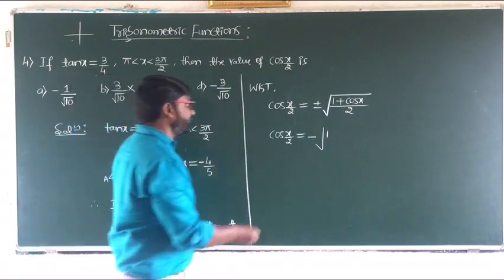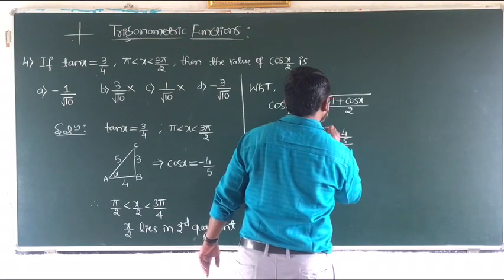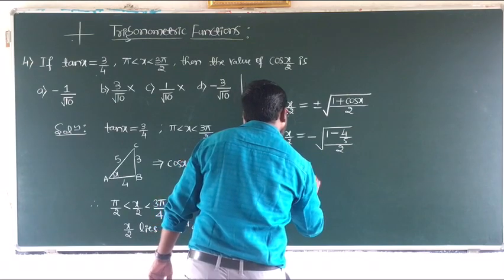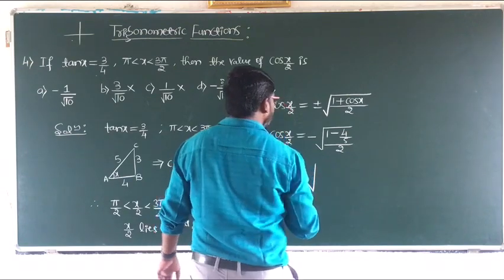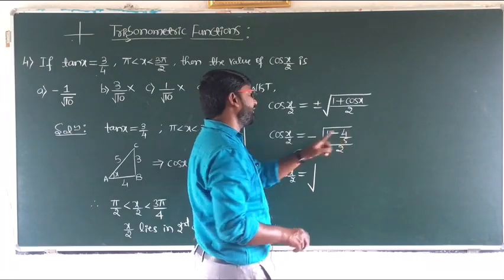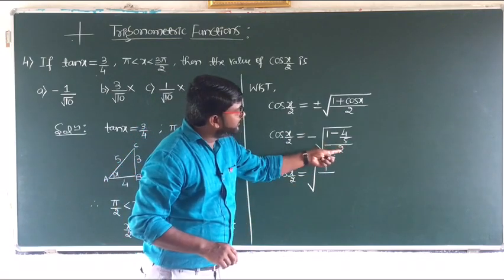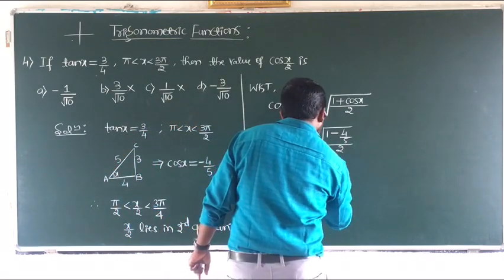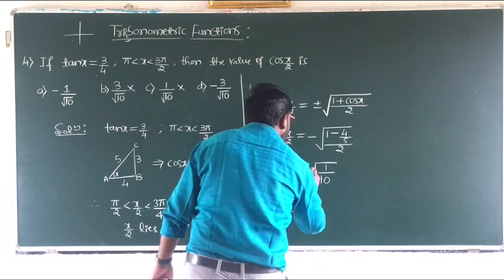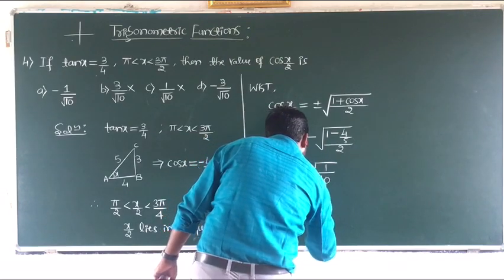It is minus 4 by 5, minus 4 divided by 5, then whole divided by 2. So cos x by 2 is equal to, under the root, take up the LCM now. 5 minus 4 will be 1 divided by 5 whole divided by 2. These two will be multiplied. Now we get 10. So here this is nothing but cos x by 2. So we have to write minus sign here. Cos x by 2 is equal to minus.